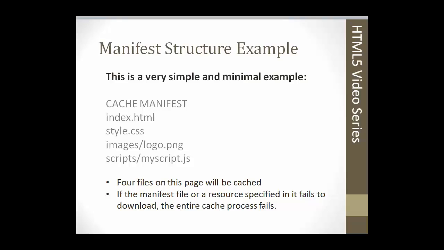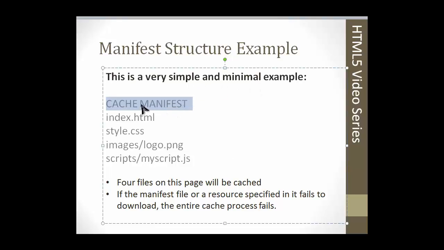The manifest structure can be very, very simple like this, or it can be very complicated with multiple parts to it. But this is the minimum of what you would need. This right here, CACHE MANIFEST, is required.